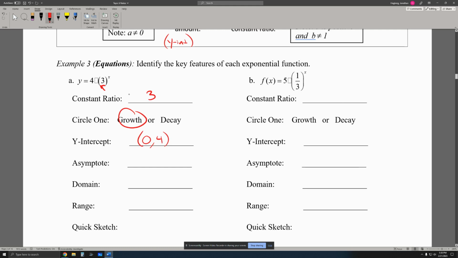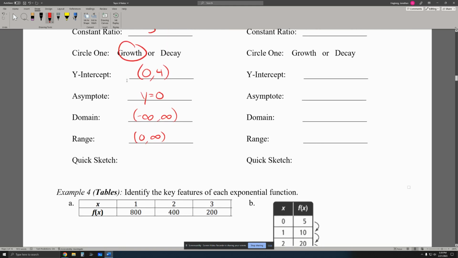The asymptote is the y value that the function approaches but never reaches. We know this to be y equals 0. The domain for all exponential functions is always all real numbers, so from negative infinity to infinity. The range is everything above the asymptote, or from 0 to infinity. And again, we don't want to include 0 because it's the asymptote. It never will hit that value.